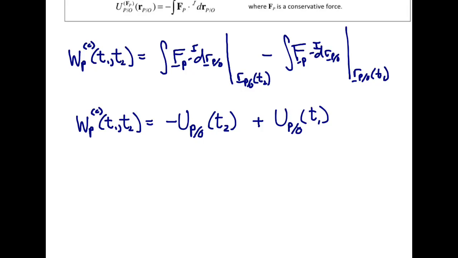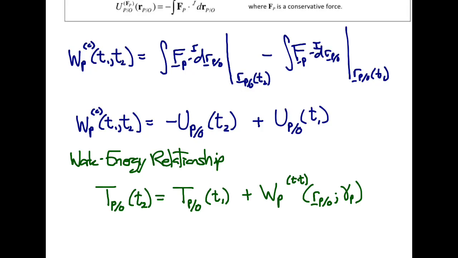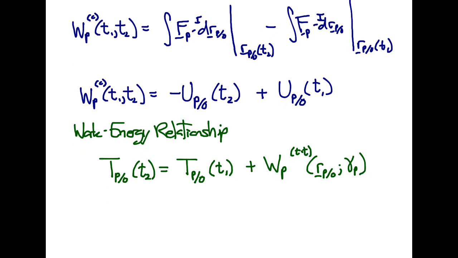Now, recall that we have a work-energy relationship. It simply states that the kinetic energy at time 2 is equal to the kinetic energy at time 1 plus the work that's done, and this is the total work, done by all forces on the particle P traveling along the path gamma.